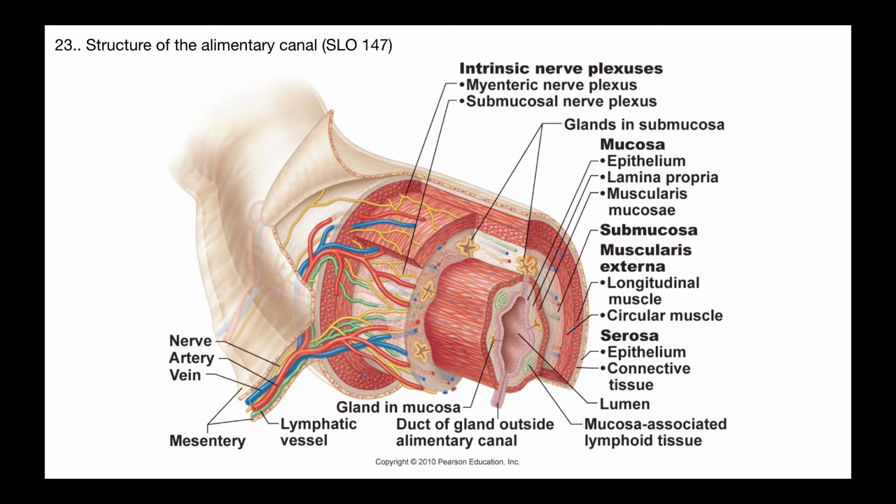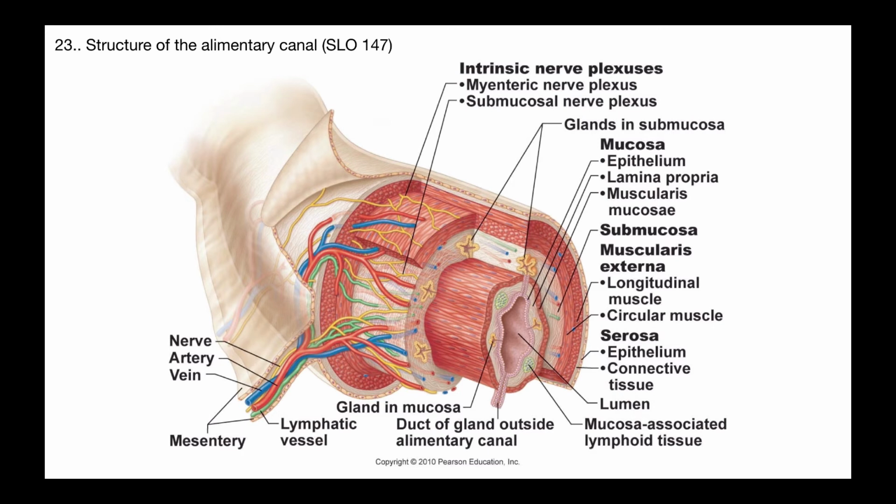But externally to the mucosa is the submucosa. And what you can see living within the submucosa are a bunch of large multicellular glands. It's also where a lot of the blood vessels and the nerves and the lymphatic vessels that are going to service that part of the gut are all going to travel through in a plexus.